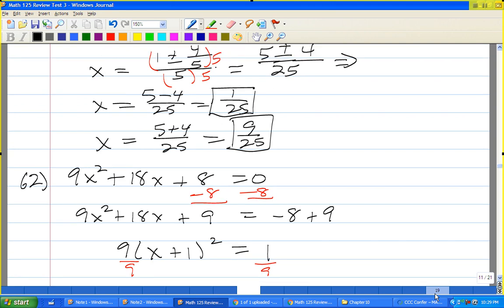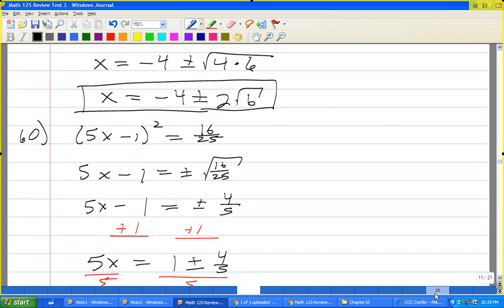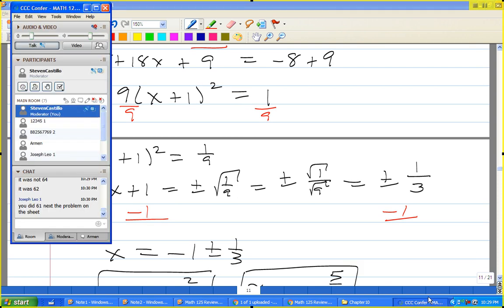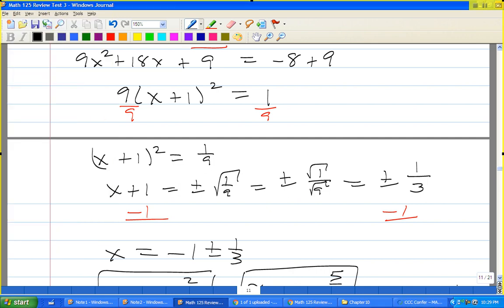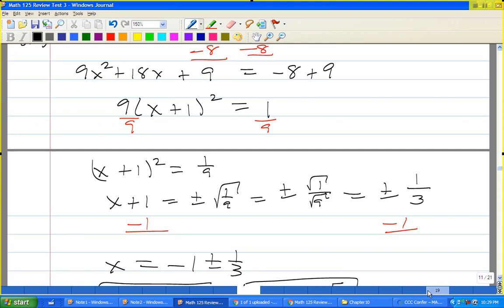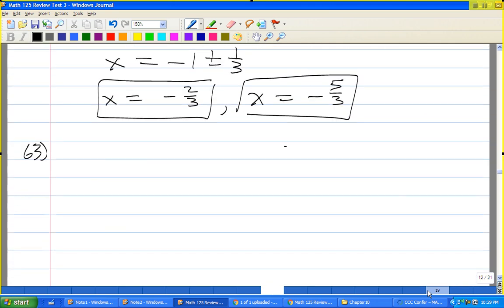Yeah, that was 62. But that was 60. I never did 61. Oh, next to the problem on the sheet. Oh, I see. Okay, thank you. Okay, so 63 is the next problem then.